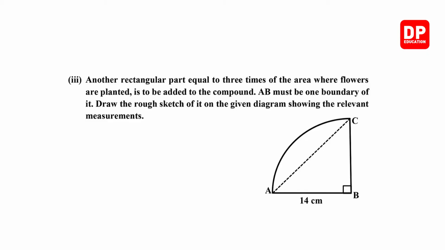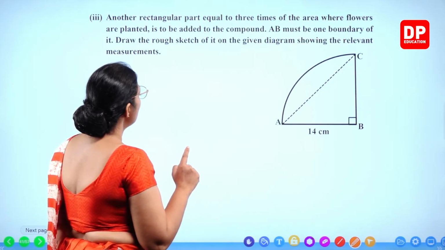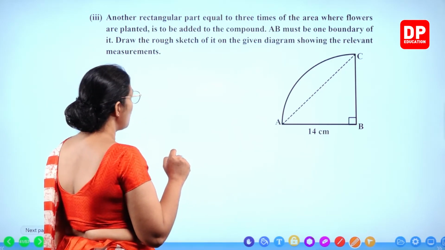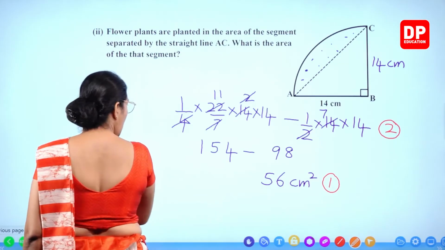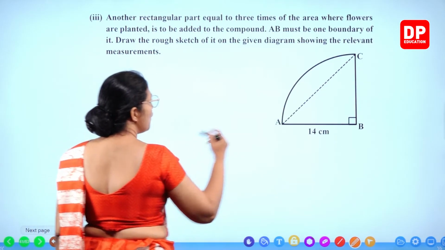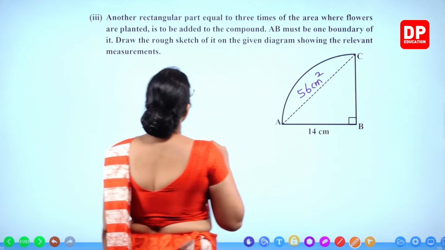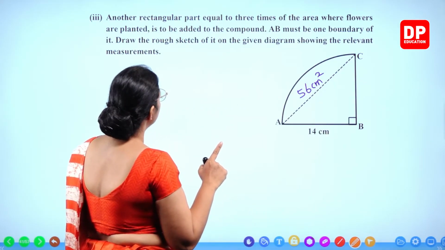Next one, part 3, another rectangular part equal to 3 times of the area where flowers are planted. So we found that's 56. So 56 is this part. So 3 times of that.